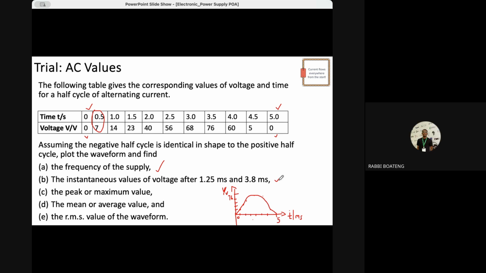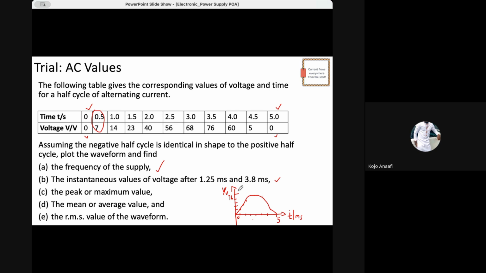Perfect. Please, do you understand? Come again. Okay, can you help my madam for me? Okay, so please, what I'm saying is that the values that are given there are for half a cycle. To determine the period for the full cycle, we need to multiply the half cycle by 2.